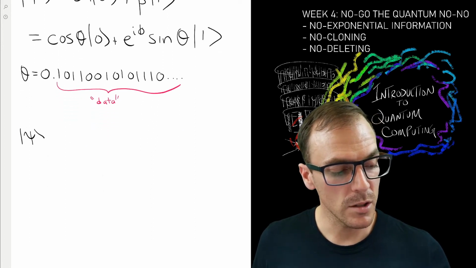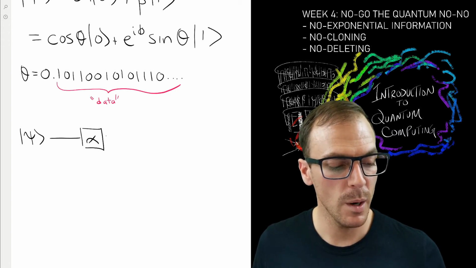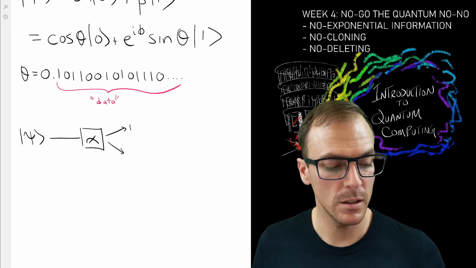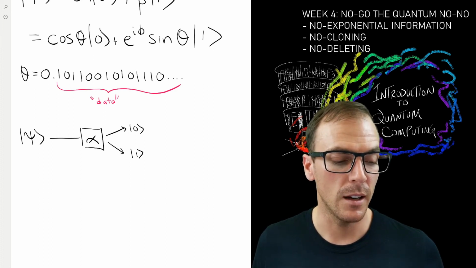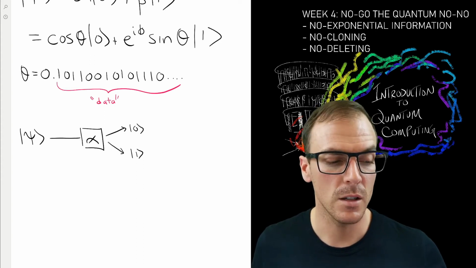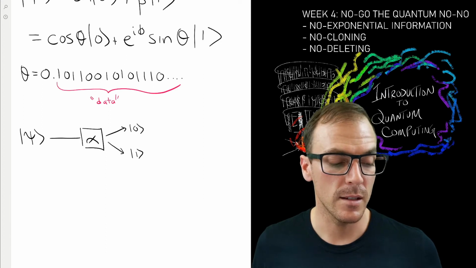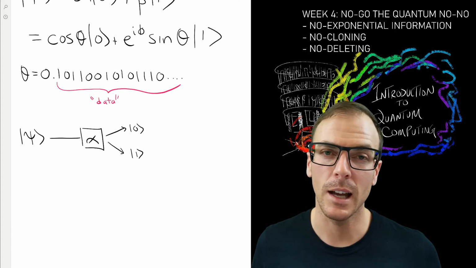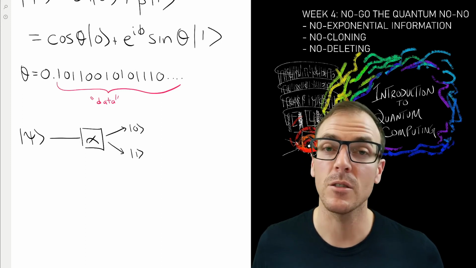But here's the problem. If I have this state and I want to read the data, remember that what comes out is only ever 0 or 1. Of course, that's related to the probability. So there's some probability of seeing 0 or 1, and that's related to theta. So certainly the probability of seeing one of these outcomes is dependent on theta, and that means that maybe I can get some information about this data that's been encoded. But again, there's only 2 different outcomes.